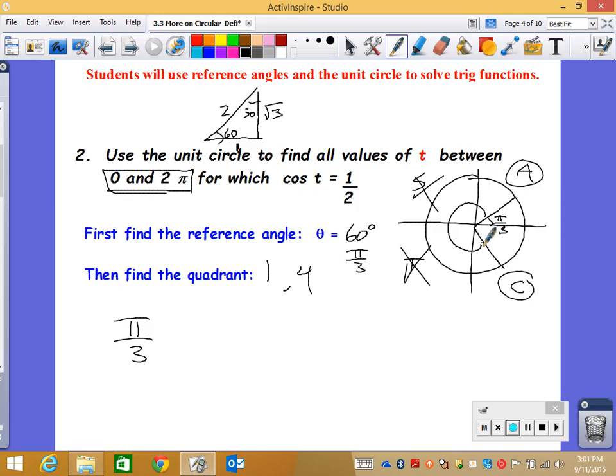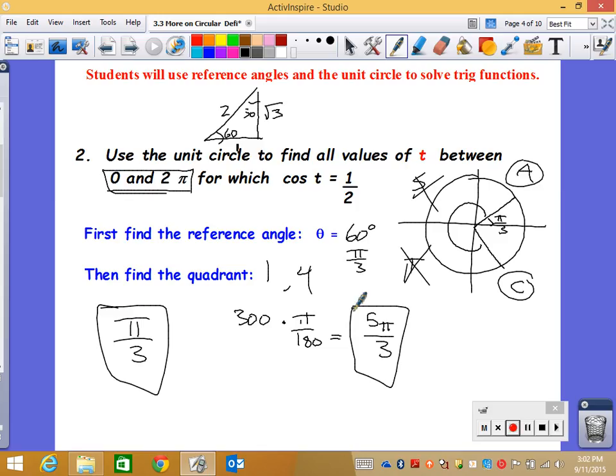So 2 pi minus pi over 3, or 360 minus 60. So I get an angle of 300 degrees, which in radians, if we convert that, remember we're going from degrees into radians now, so we multiply by pi over 180. That simplifies down to 5 pi over 3. So my two answers are pi over 3 and 5 pi over 3.